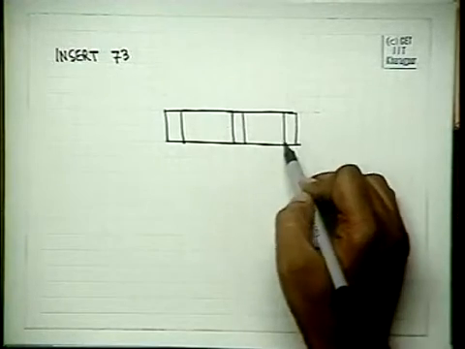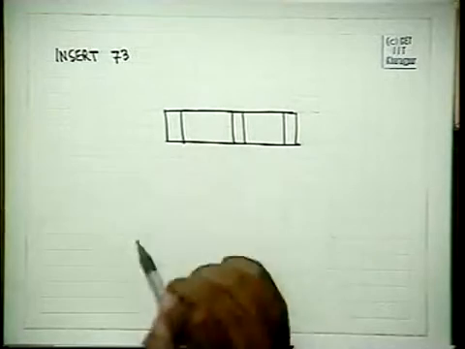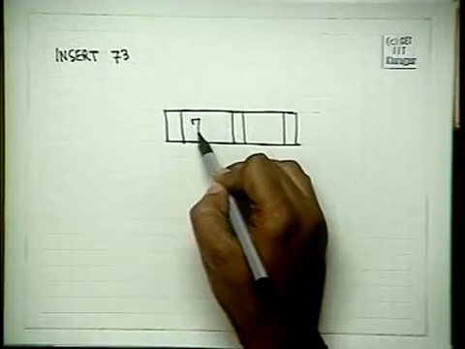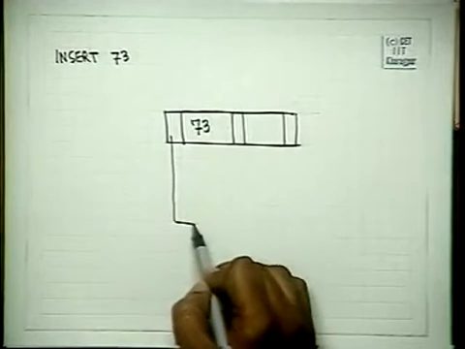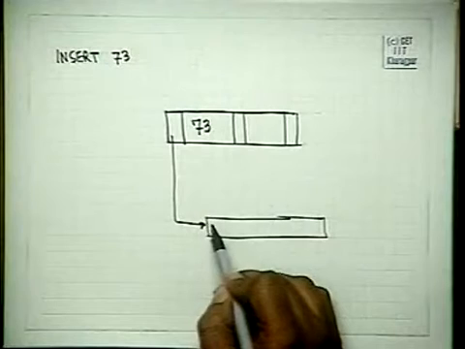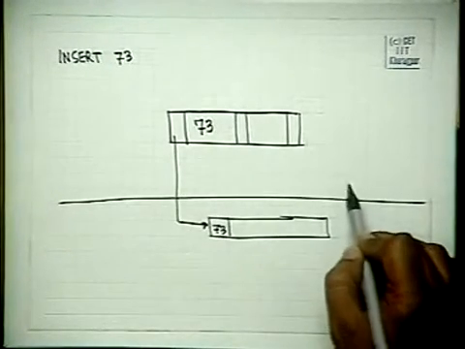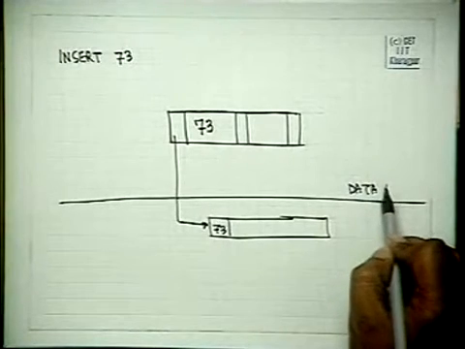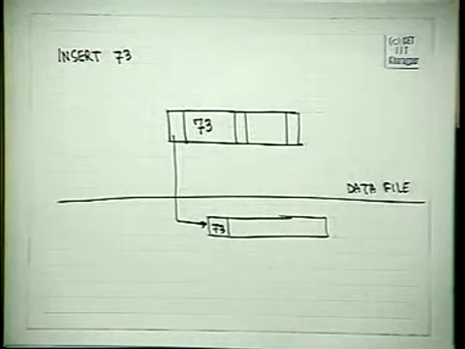For the time being, we are using 3 pointers and 2 keys. This will be a leaf block, and this will point to the actual record. Here we have the data file. So this points to 73.